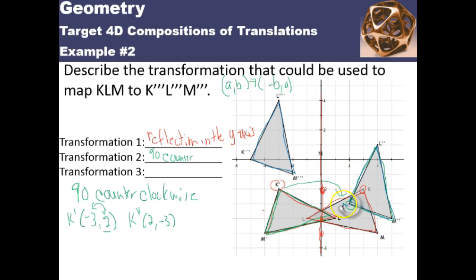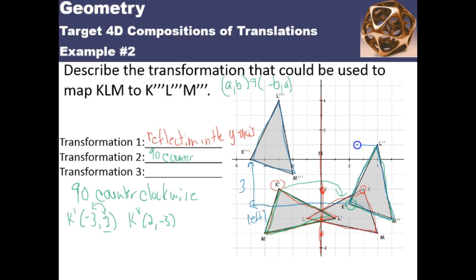It looks like we have to go left to here, and let's count how many that is. 1, 2, 3, 4, 5, 6, 7. It looks like I went left 7 and up 3. 1, 2, 3.